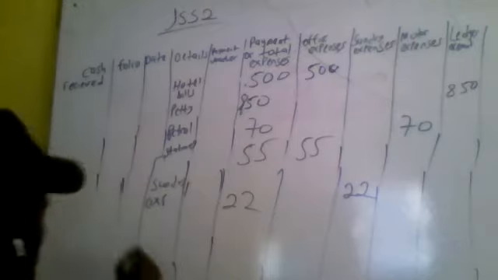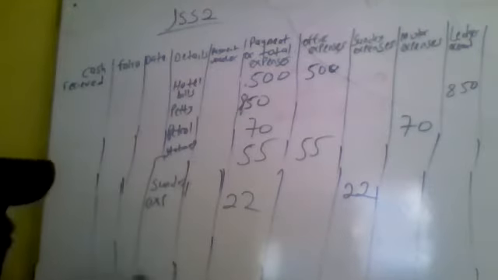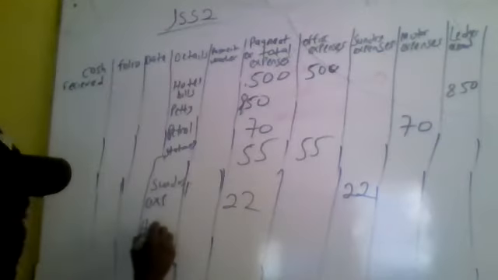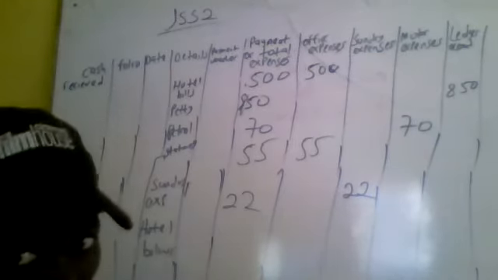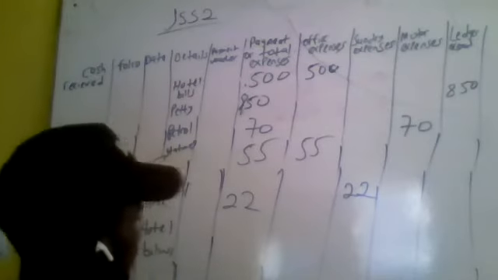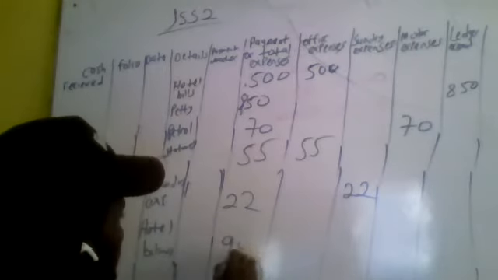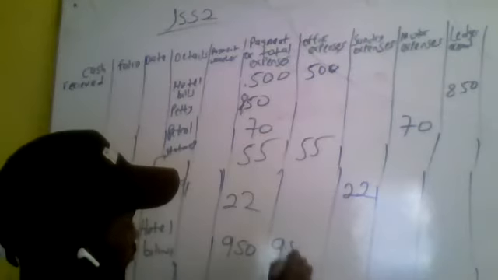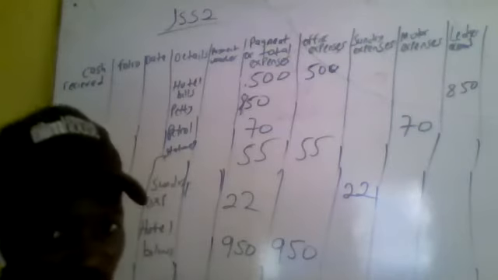Okay. Now our next what? Hotel billings. How much is hotel billings, please? 950 naira. It will fall under what? Under office expenses.